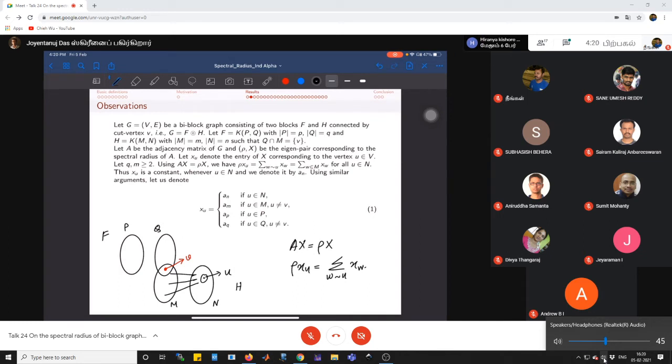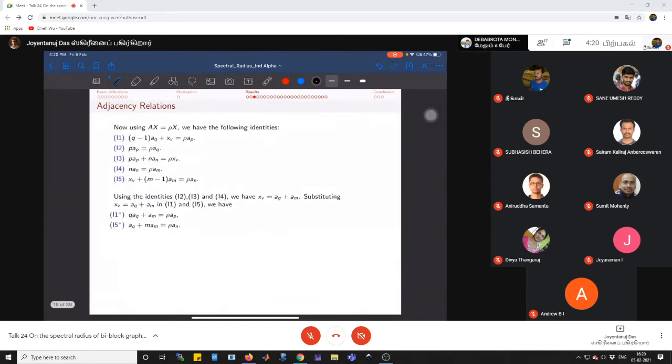Similarly, for other vertices we can define this, for vertices belonging to M that are not the cut vertex. One thing you can see is that only the cut vertex v is adjacent to both parts, that is, it is adjacent to the vertices in P and also to the vertices in N. From those adjacency relations we get this relation.